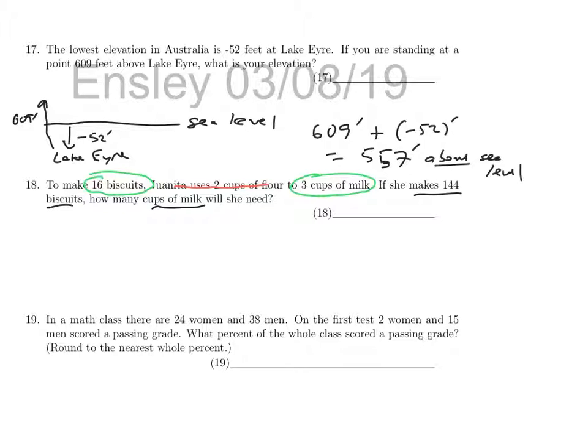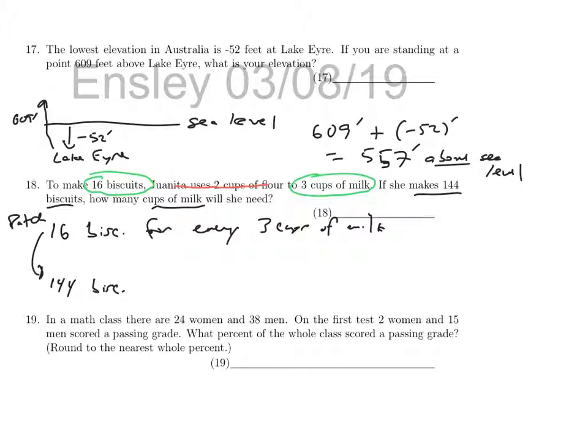So the idea here is I get 16 biscuits for every 3 cups of milk. And so if I want to make 144 biscuits, I can think of this as a batch.